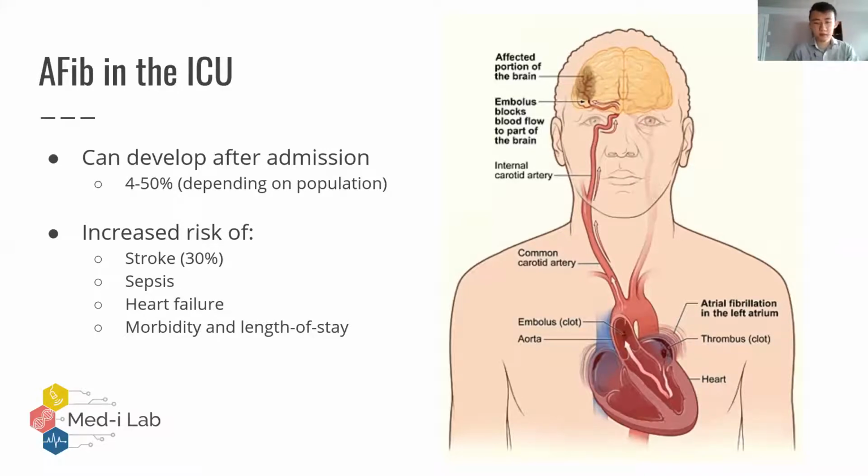I think I mentioned stroke, heart failure, and just a lot of other comorbidities, kind of a mixed bag. Outside of the ICU, in the general population, AFib is generally not found to be too problematic. But for whatever reason in the ICU, perhaps it's just the general condition of patients you see, it's more likely to cause other complications down the line.